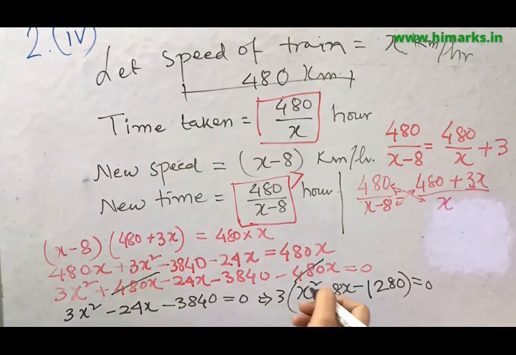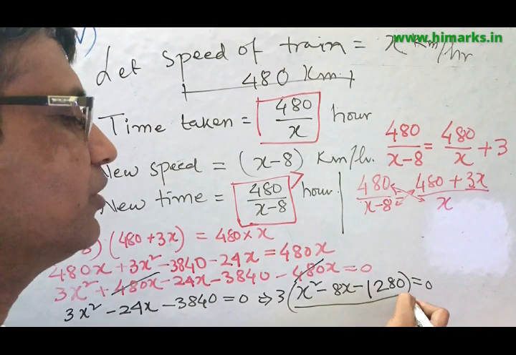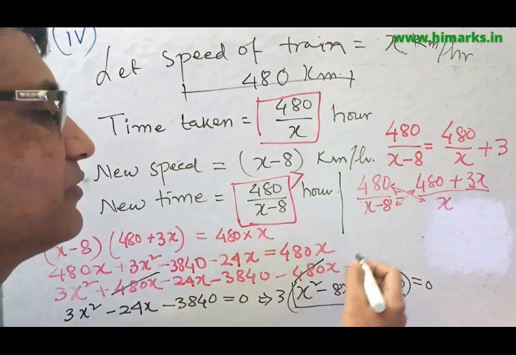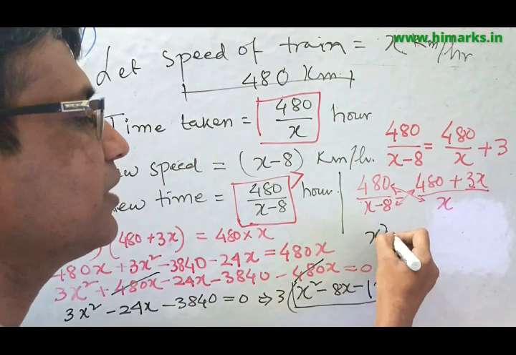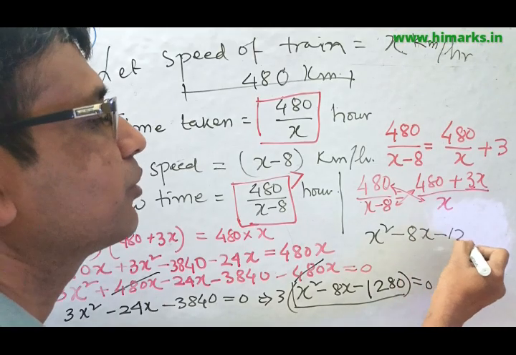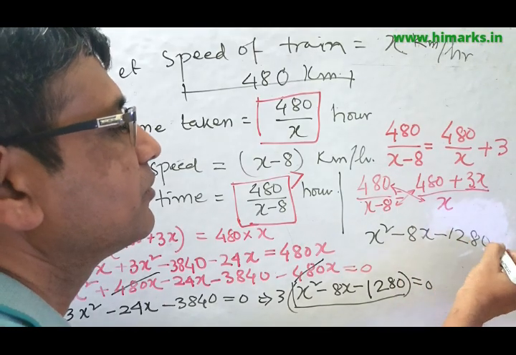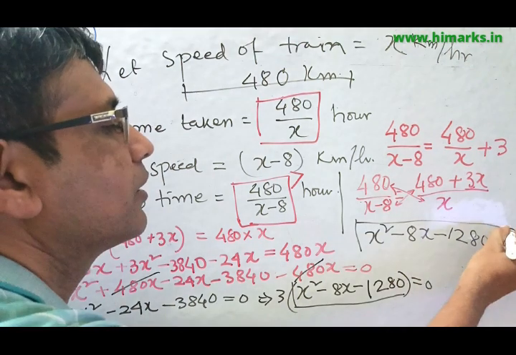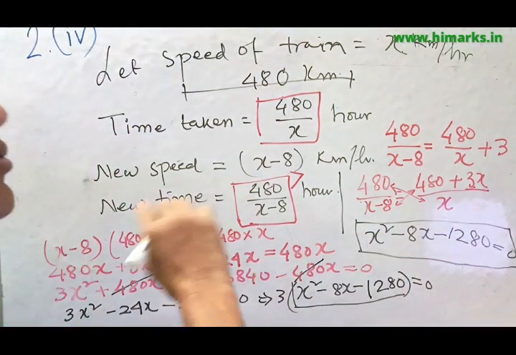Okay, so that means dividing by 3, the next line is x square minus 8x minus 1280 equal to 0, a quadratic equation which you need to solve.